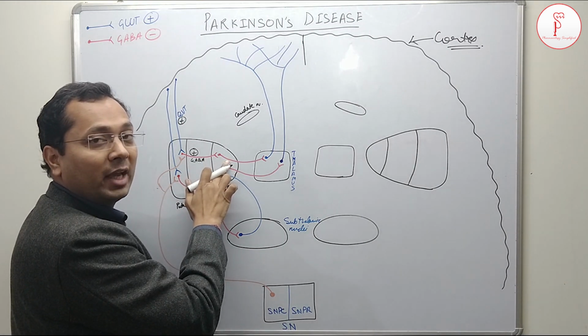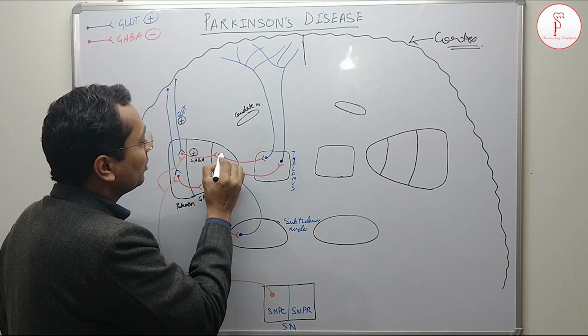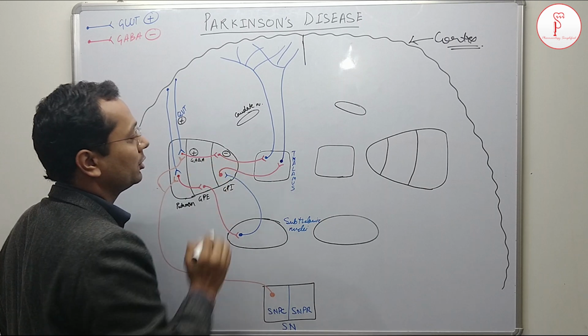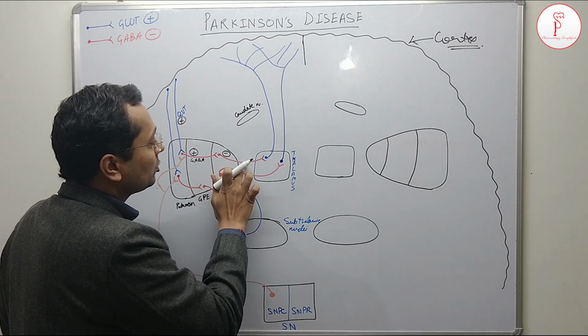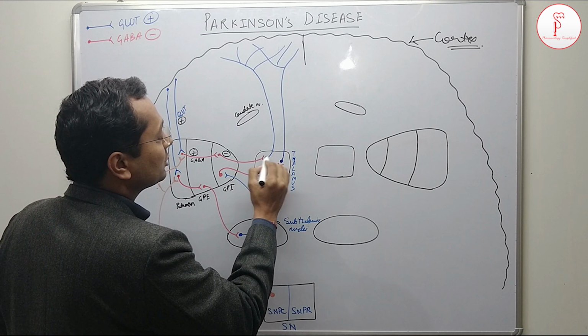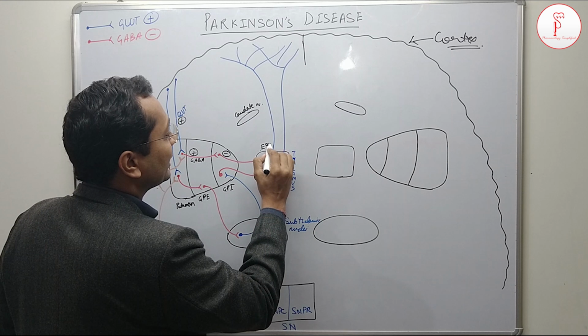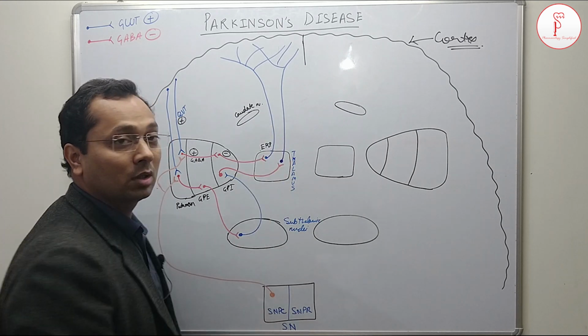There will be generation of inhibitory postsynaptic potential here, and this GABA will now inhibit this neuron. And when this neuron is inhibited, there will be no release of GABA here, or there will be generation of EPSP at this neuron.